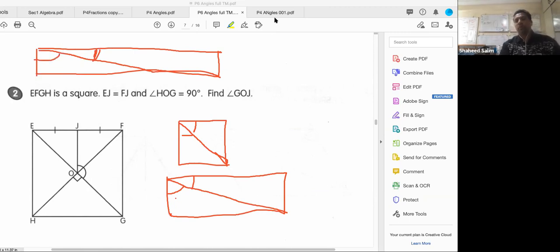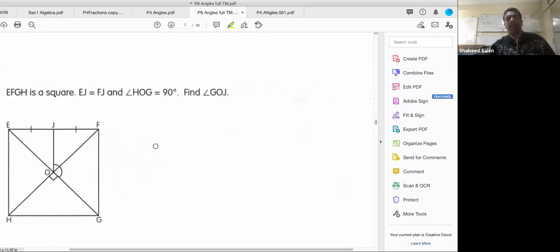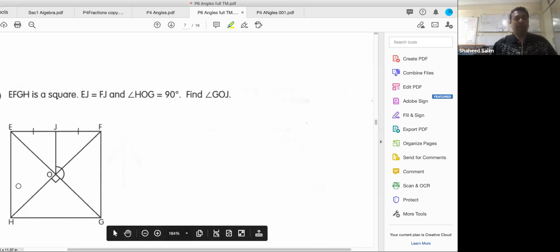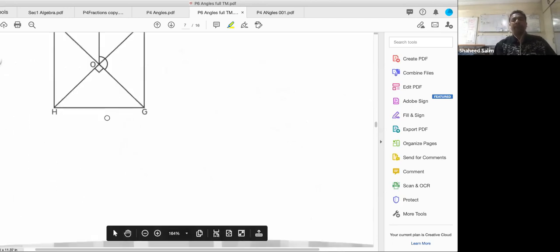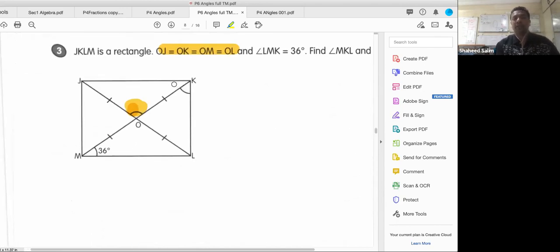So you cannot divide by 2. You can only divide by 2 for a square, then you get exactly 45, 45. But for a rectangle, so sorry, this part is bigger than this one. So you use 180 minus 36 minus 90 to get this. So what about the next one? Let us see.